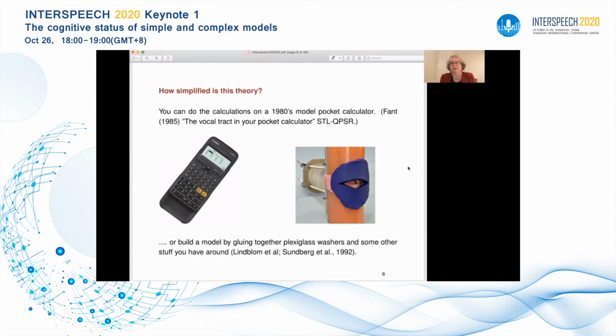That is a Casio 602P calculator. Another indication is that you can build a useful, interesting model by gluing together plexiglass washers and some other stuff you have around in your lab. And that's what Lindblom and colleagues did to study the effects of the radiation at the mouth.